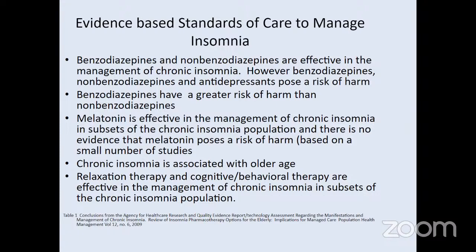Benzodiazepines have a greater risk of harm than non-benzodiazepines. Melatonin is effective in the management of chronic insomnia in subsets of the chronic insomnia population, and there is no evidence that it poses a risk of harm.